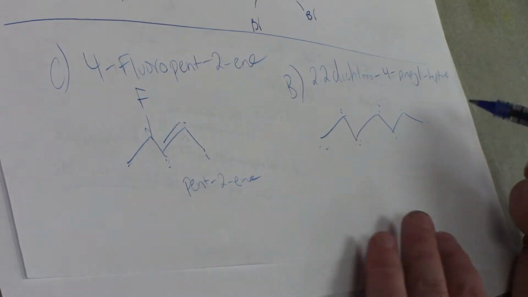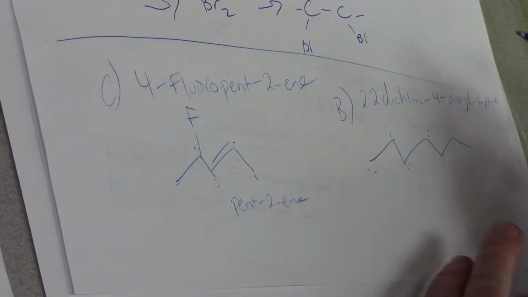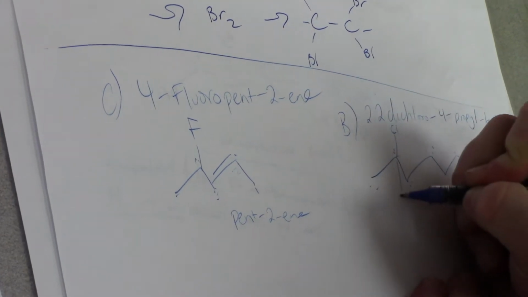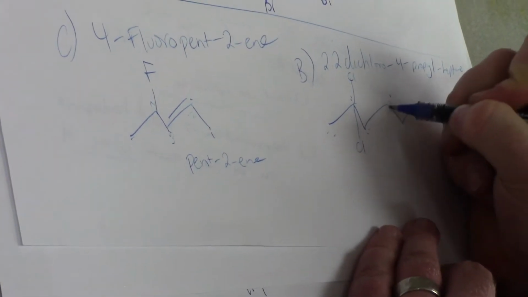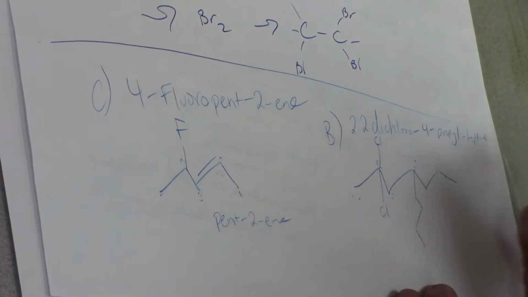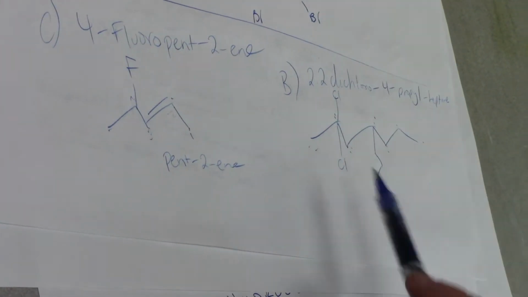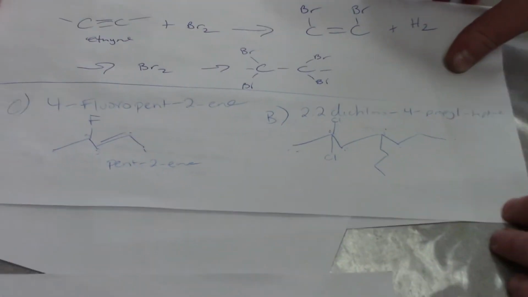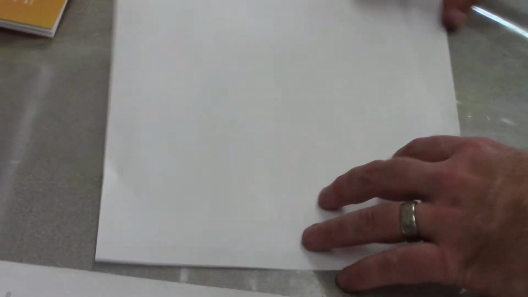So heptane. I'm going to have 2 chlorine atoms on carbon 2. 1, 2, 3, 4. And then I have a propyl group here. And that's what that would look like. Okay. So 2,2-dichloro-4-propylheptane. That's an alkane, right? It doesn't have a double or a triple bond.